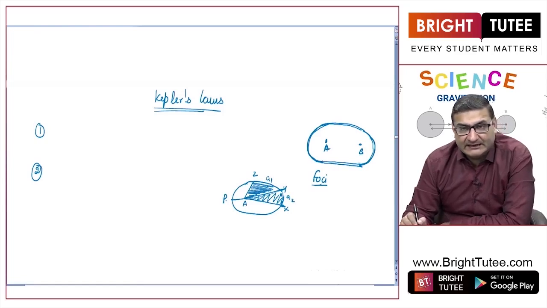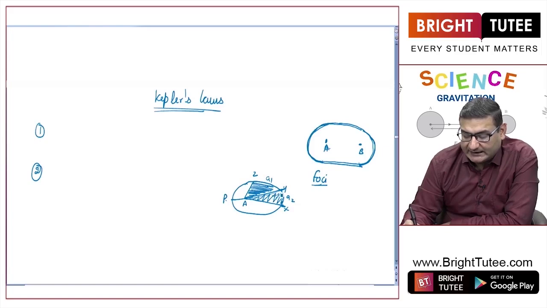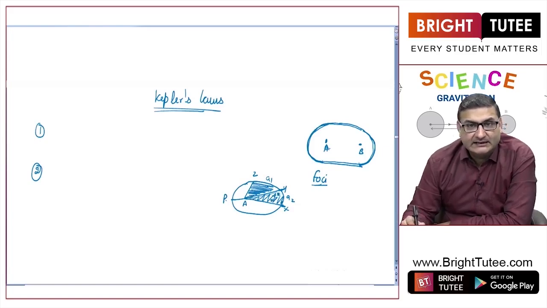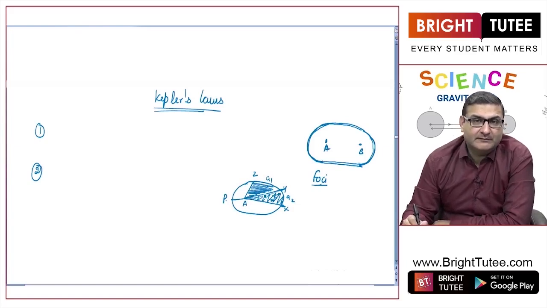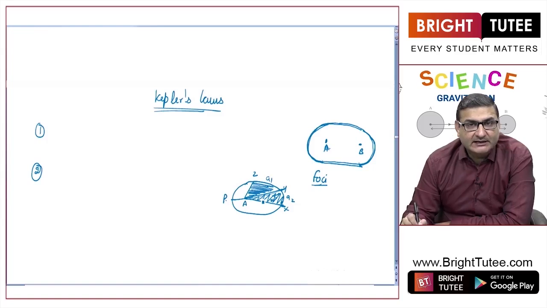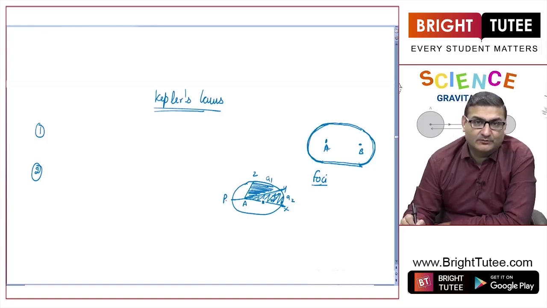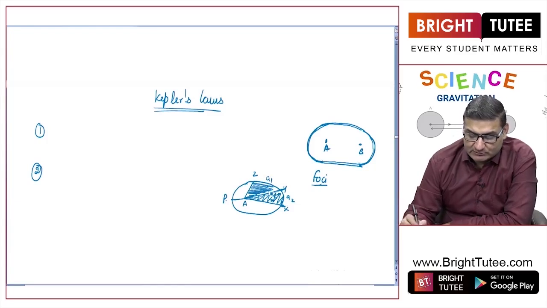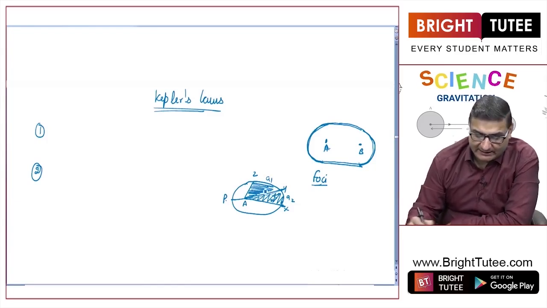Indirectly, we can assume from this law that when the planet is near the sun, it moves a bit faster, and when it is far from the sun, it moves a bit slower, in such a way that they cover an equal area. Got it? So, this is Kepler's second law.